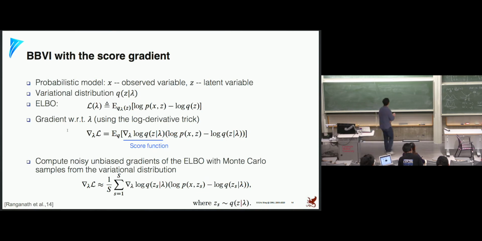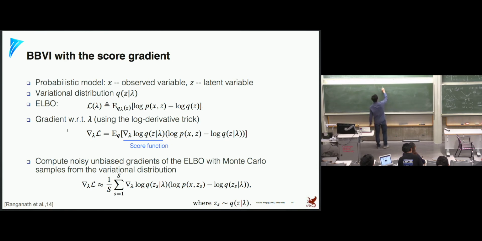So suppose we have the evidence lower bound defined as the expectation of log joint minus log of prior, right? This is just the same as before.